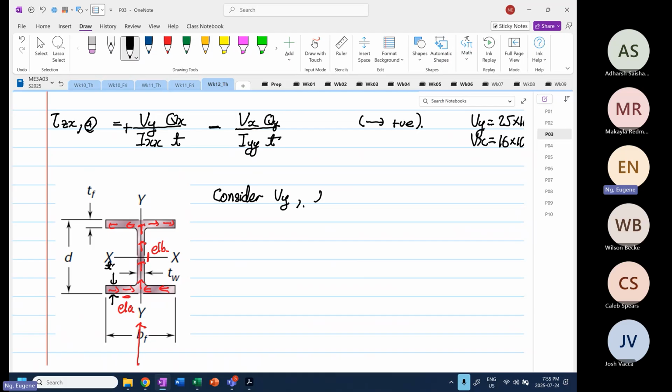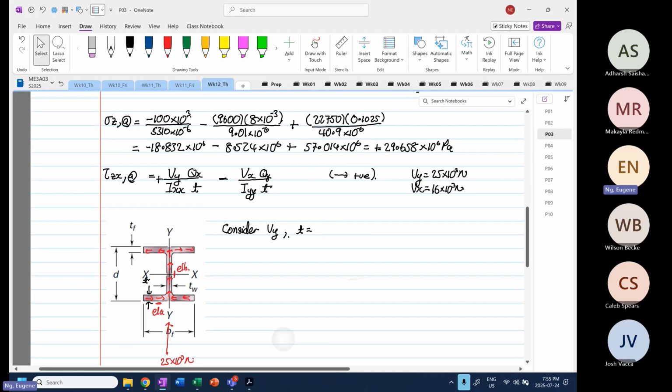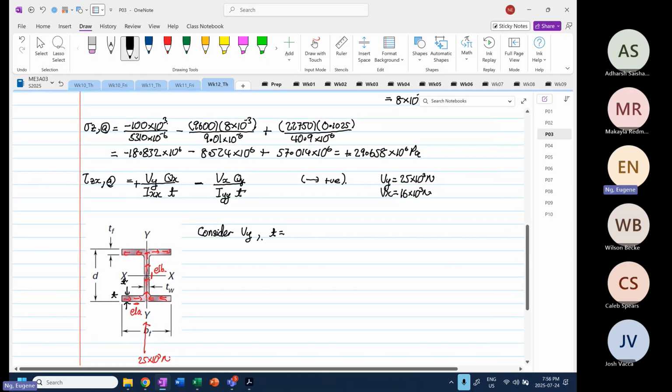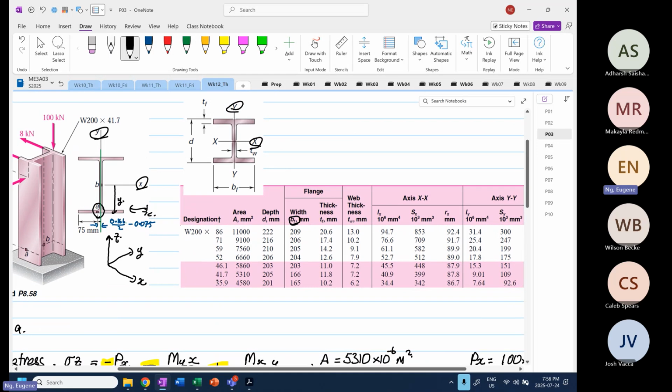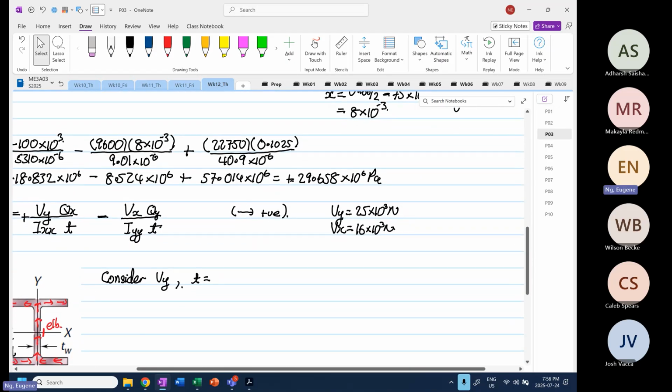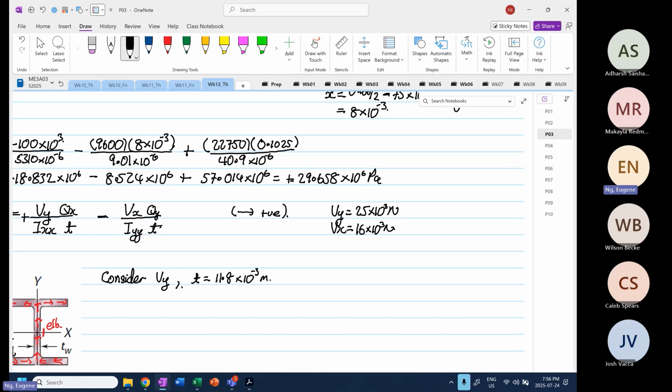So for Vy, the thickness is equal to what? You can see that this is the thickness. Remember, the thickness in thin wall analysis is perpendicular to the direction of the shear flow. Yes or no? So for Vy, we need to consider Tf, divided by 2... so we need to consider Tf, don't need to divide by 2. So the thickness is 11.8 times 10 to the power minus 3 meters.